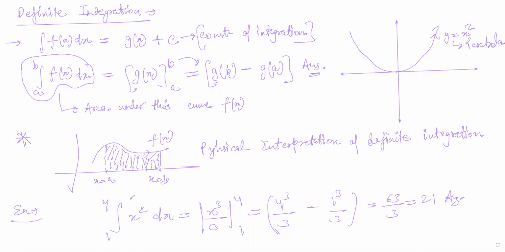So what we are trying to find out here is 1 to 4. Let's say this point is 1 and this point is 4. When we integrated x square from 1 to 4, we got this area, the area under x square from 1 to 4.